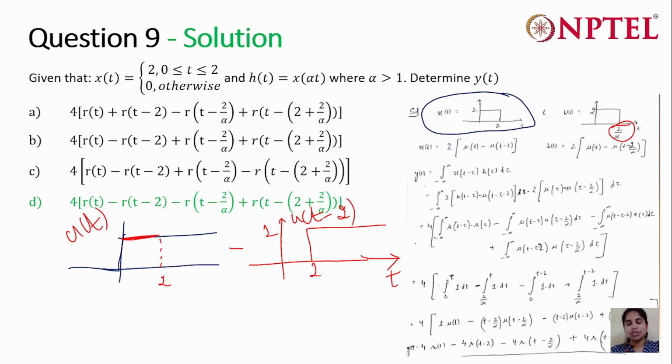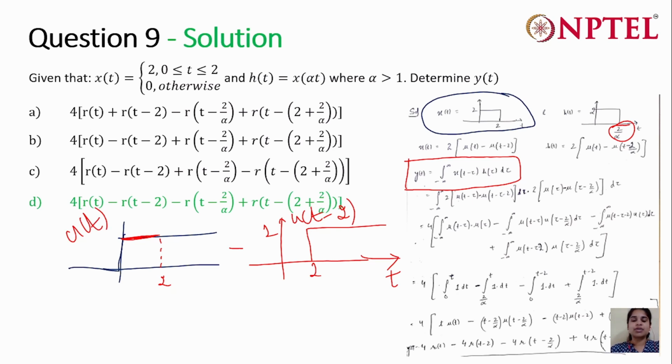And then I have just done the normal convolution. So h of tau, x of t minus tau, d tau, the actual direct convolution formula. Then h of tau we can write as 2 into u of tau minus u of tau minus 2 by alpha.